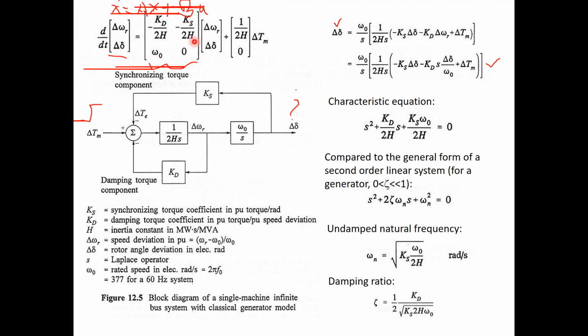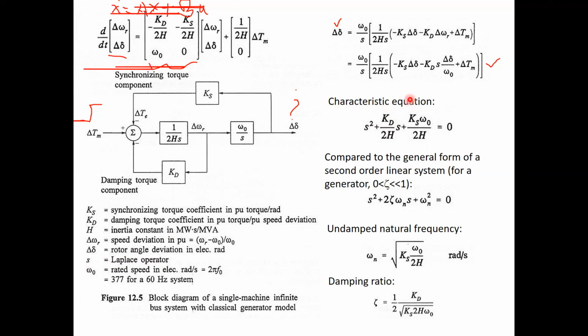Yes, the matrix is 2 by 2. So we are comparing the dynamic response of the angle with the second order characteristic equation. This is second order because the highest power of the complex variable s, the Laplace operator, is 2.